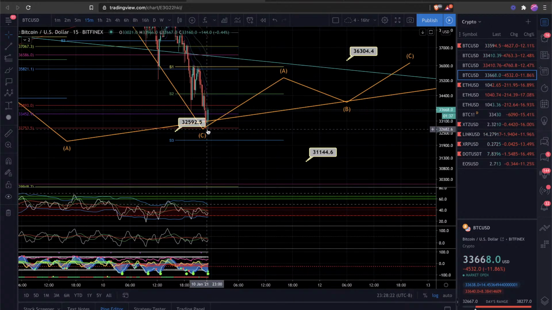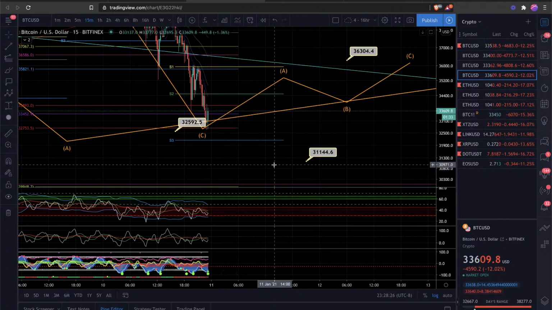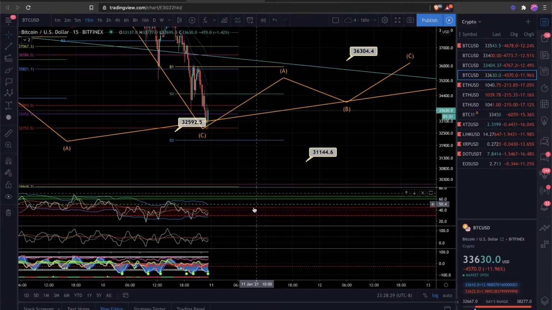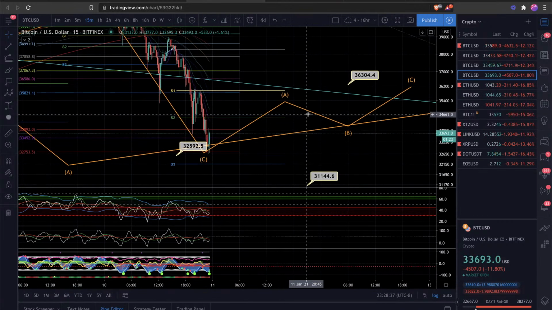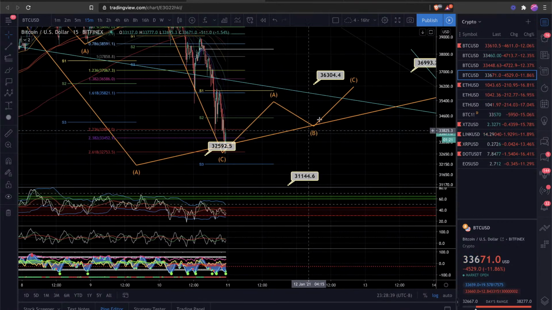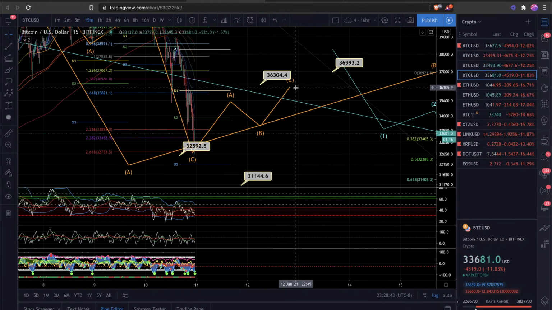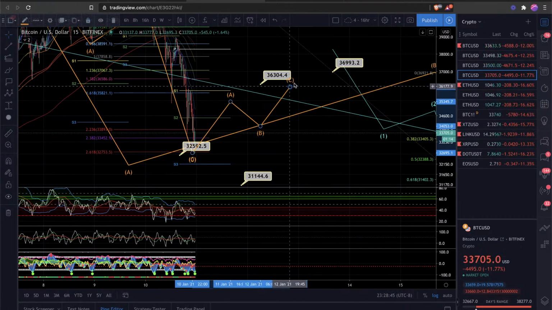Might dance around a little bit, but looks like a pretty sweet spot for a bounce. Even on the 15, we got a nice little buy signal on the market liberator. Got the bullish divergence on the RSI on the 15. So yeah, we might see a nice little sweet bounce here. Honestly, would look for really that 36.3 to 36.9 zone.